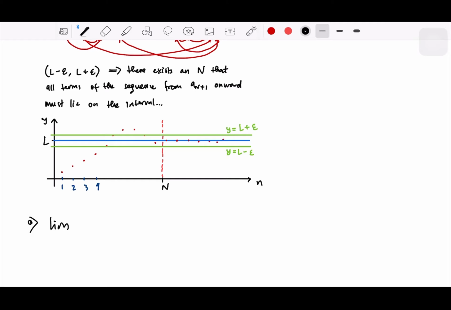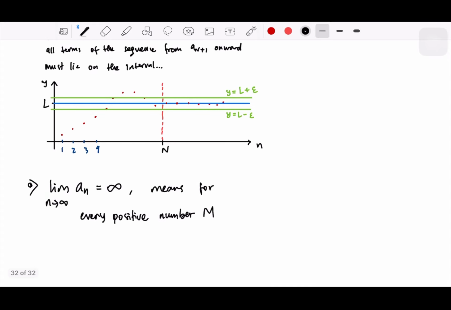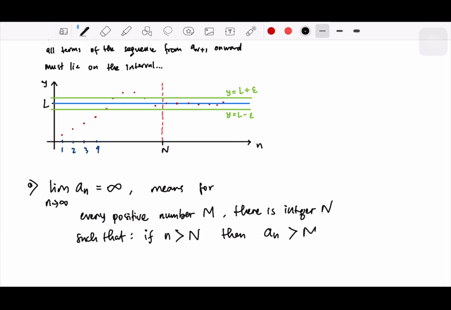If we have the limit as n approaches infinity of a sequence, and this results in infinity, this means that for every positive number m, I will define m later, there is an integer n such that if this is greater than this integer n, then the sequence itself will be greater than m.